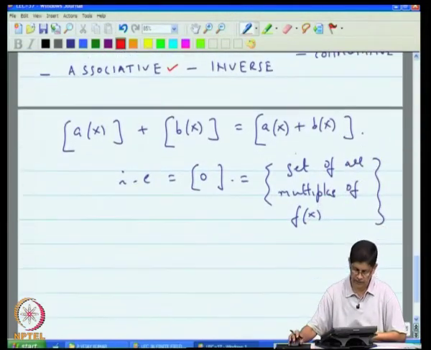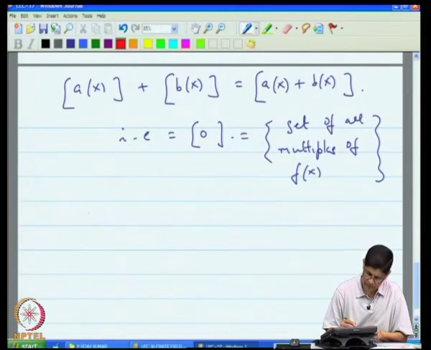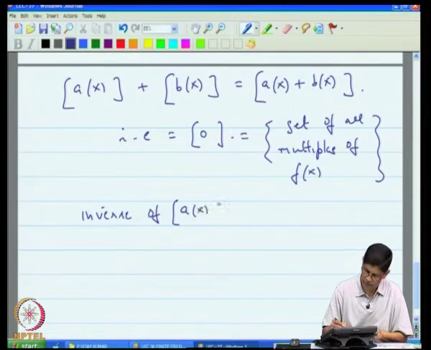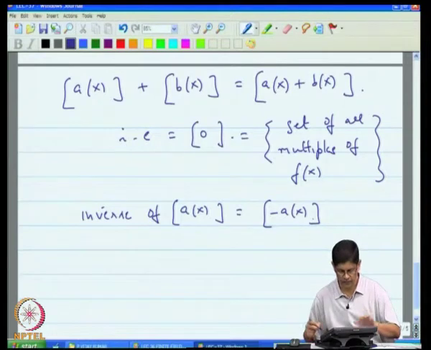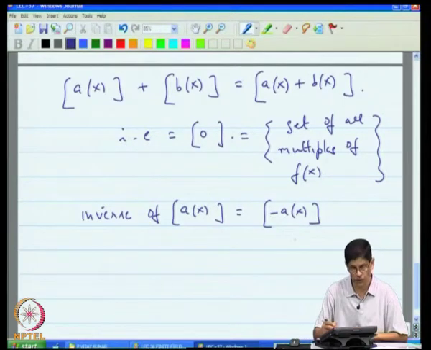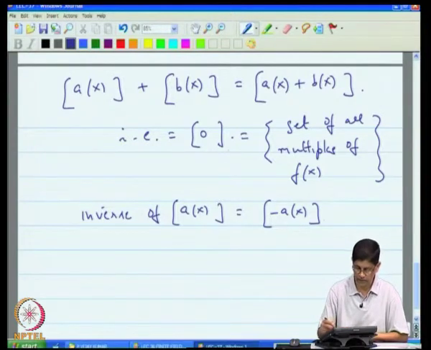The inverse, well, the inverse of the equivalence class of a of x is nothing but the equivalence class of minus a of x. Why? Simply because if you add these two, you will actually get the identity element, which is this equivalence class.